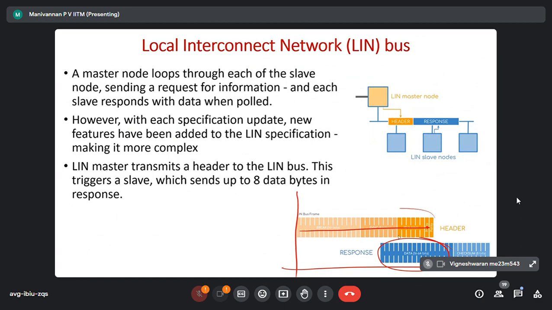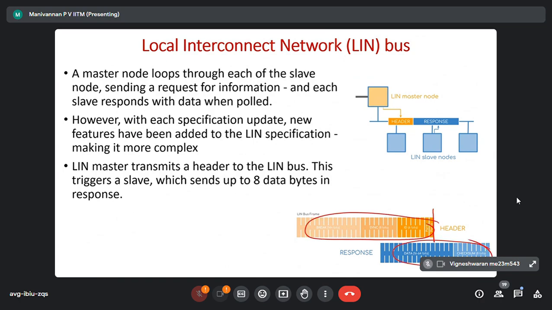So this is also serial communication. But here master will ask for data, slave will give data. Please note that if data is available with the master, it will become a slave. There are two parts in the LIN frame. One is the header. This is what comes first. This will be sent by the master. After that, data will be sent by the slave. One after another.